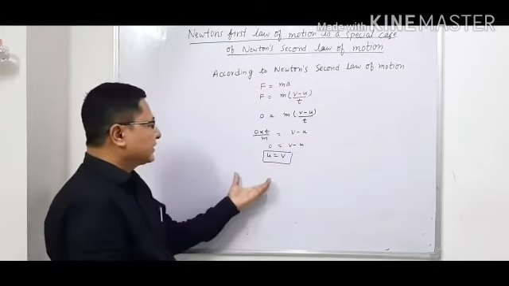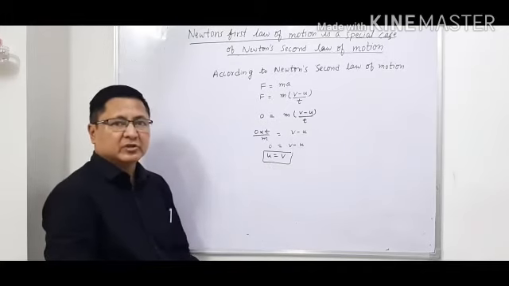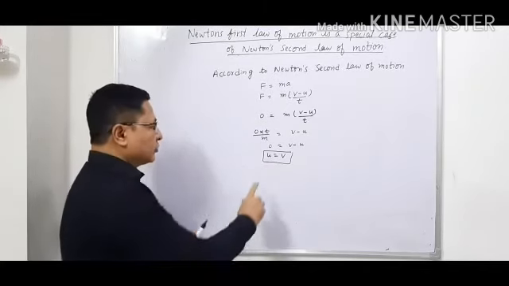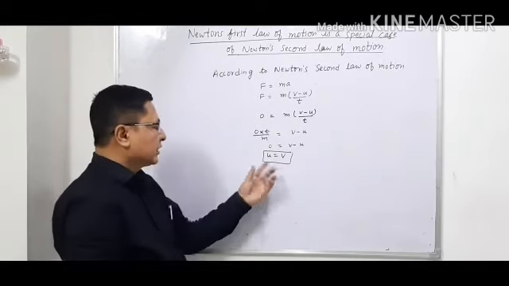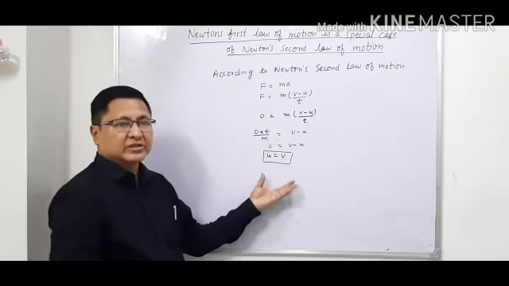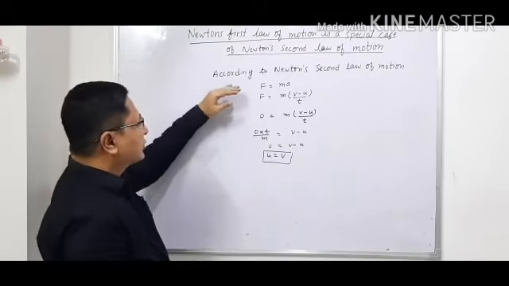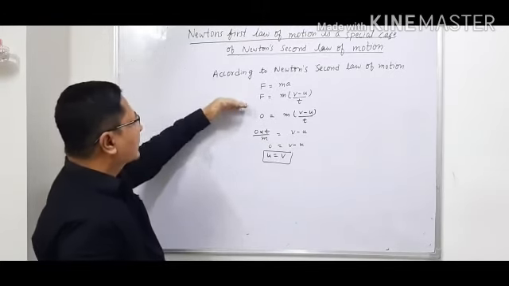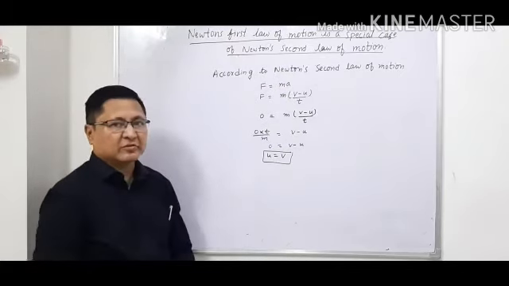And the second thing is that if an object is moving with an initial velocity of 5 meters per second, so if u is 5, then v will also become 5. That means it is moving with the same velocity, that is the uniform velocity. So this proves that Newton's first law of motion is a special case of Newton's second law of motion.